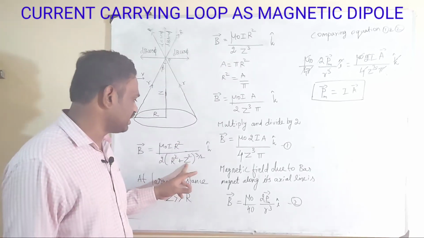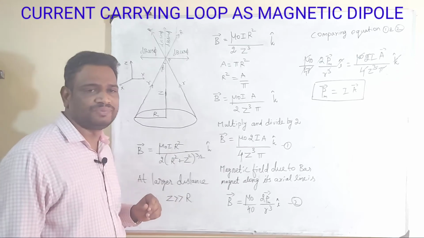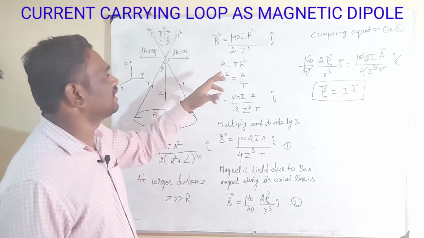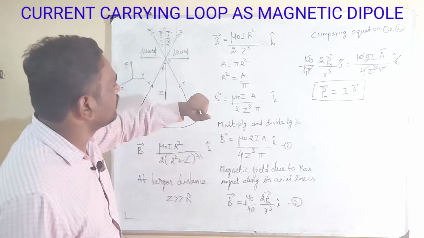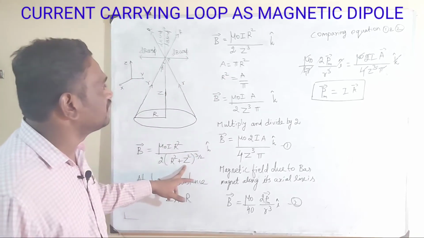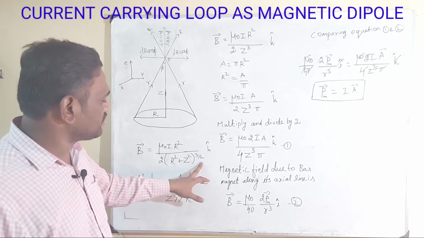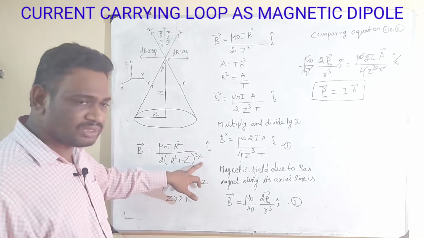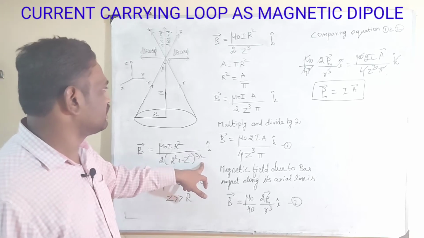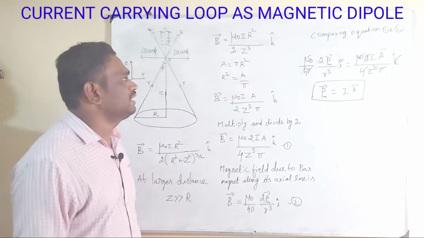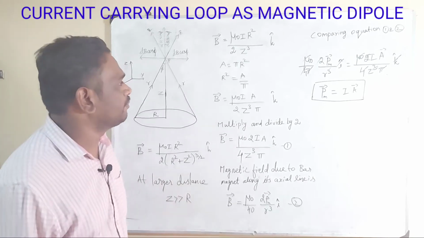In this case I have neglected r square because R is very small, and I am going to consider only the Z square. Z square whole power 3 by 2 is nothing but Z cube. So B is mu naught I r square divided by 2 Z cube into k cap.